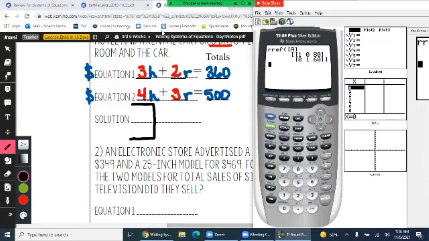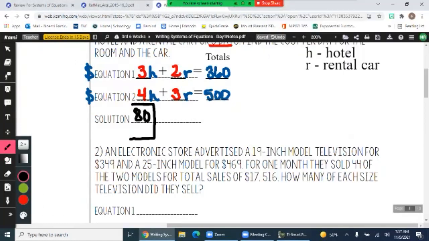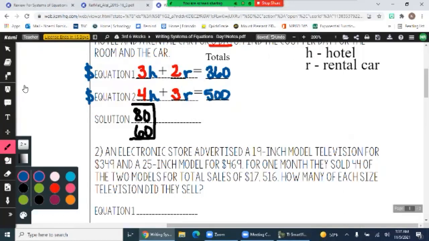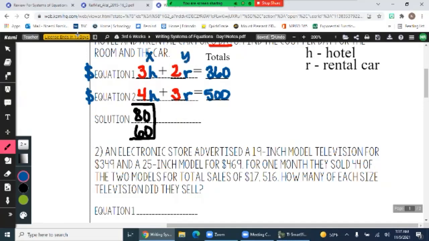Now, the number at the very top that I got was 80 and then 60 at the bottom. Now, we talked about if we're going to use those last 2 numbers in matrix, they're in order. And typically what we have here is X and then Y in standard form.